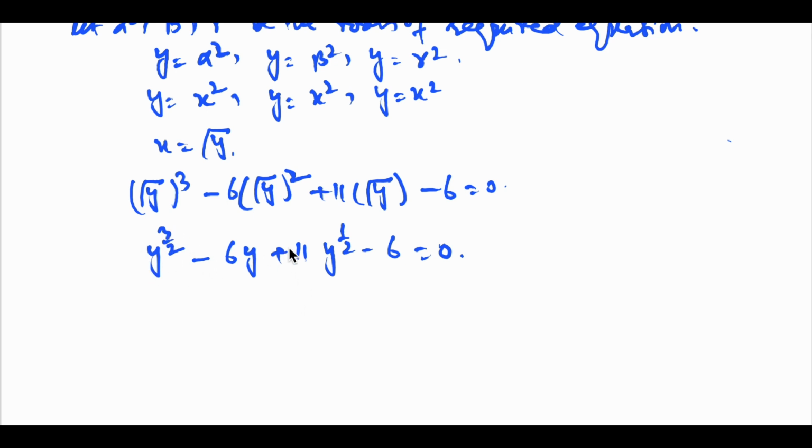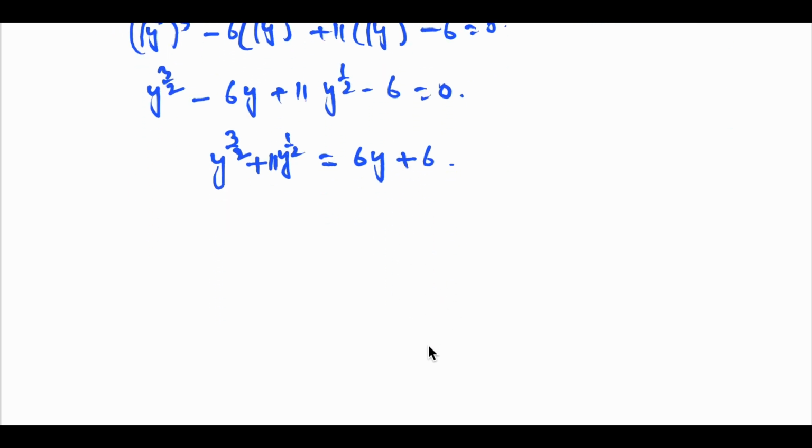Whatever the powers in fractions, I will put together: y power 3 over 2 plus 11y power 1 over 2, and I'll transform minus 6y to the other side as 6y, and minus 6 becomes plus 6. Now square both sides, because if I square these, the powers 3 over 2 and 1 over 2 can cancel.